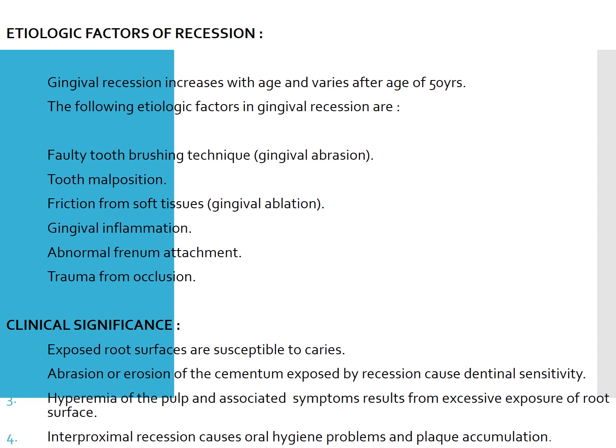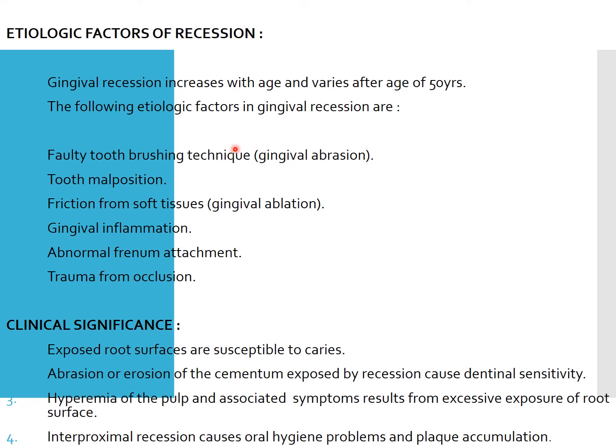So coming to the etiological factors of recession, what are the reasons for it? You can see gingival recession in older patients, as it increases with age and varies after the age of 50 years. As you know, faulty toothbrushing techniques, such as horizontal toothbrushing technique or very vigorous brushing, lead to recession.